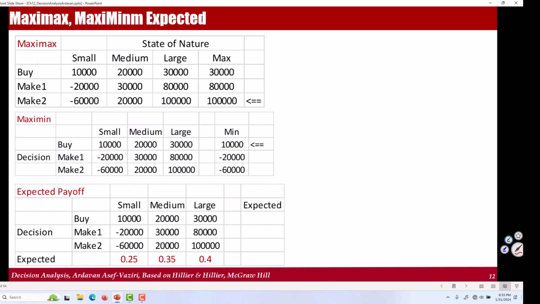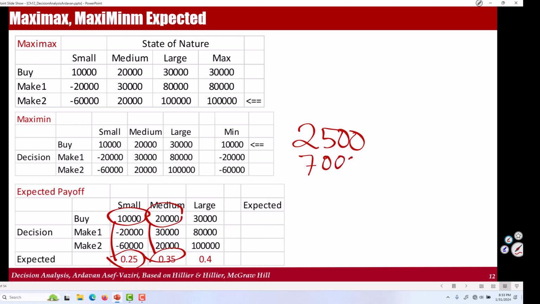Now practice expected value. Expected value for this one is 10,000 times 0.25, which is 2,500, plus 20,000 times 0.35, which is 7,000, and 30,000 times 0.4, which is 12,000.